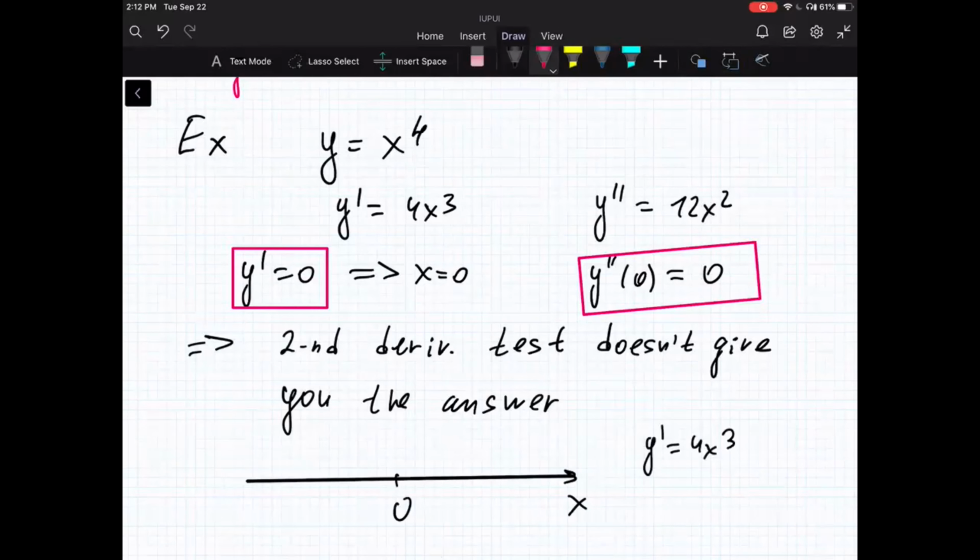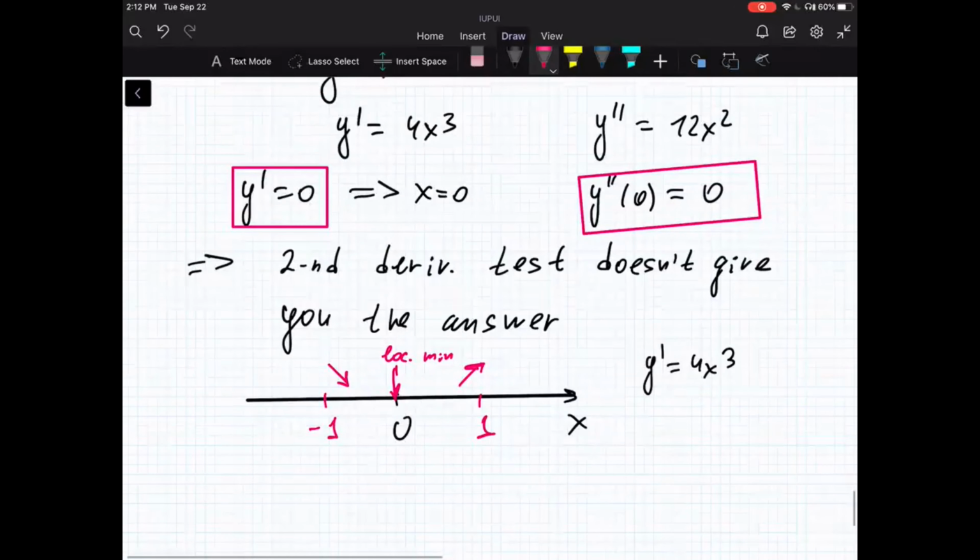If I choose minus 1 here, I'll get minus 4, so the derivative is negative and the function is decreasing. If I choose test point 1, my function will increase. That means that this point is a local minimum. And it's indeed true, because we have seen the graph of this function. It looks like x squared.